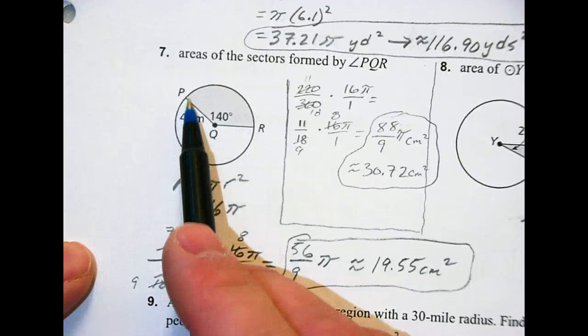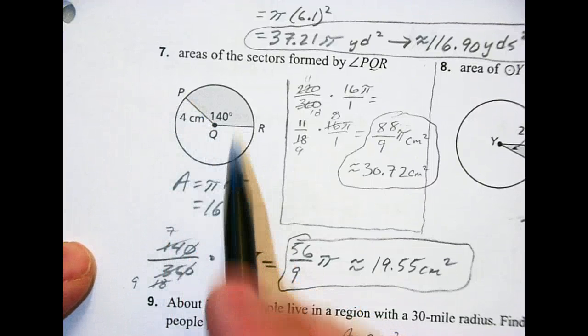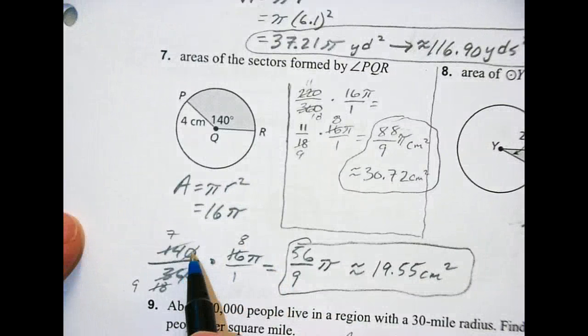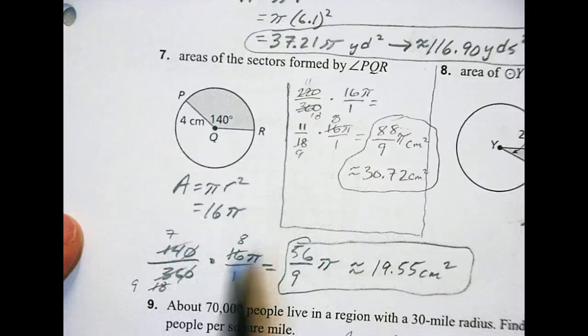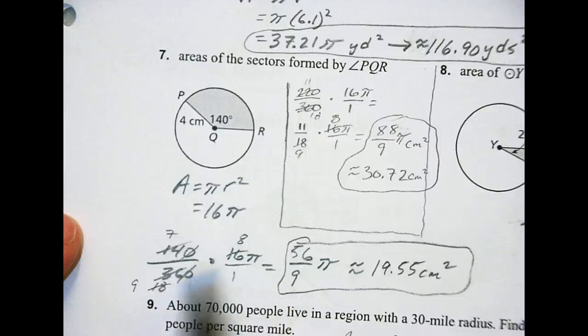And then we're doing 140 degrees out of 360 degrees. That 140 out of 360 becomes 7/18, or 7/9 if you reduce it. And then multiply by 16 pi, you get 56 pi over 9. Those two things divided and rounded to the nearest 100th, 19.55.